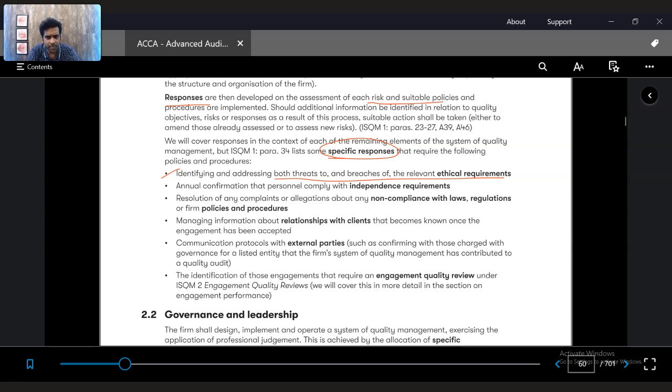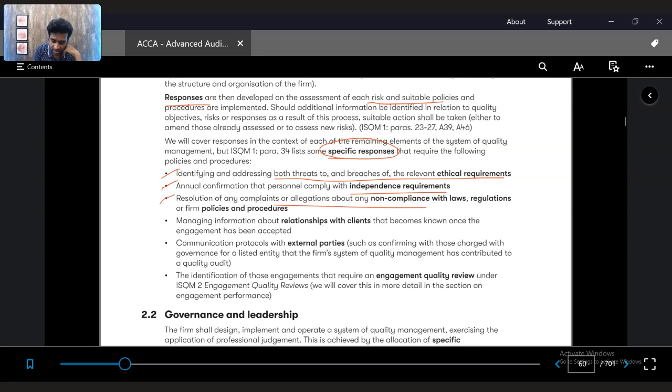If any employee of the firm is accepting bribes without the partner's knowledge or something like that, then definitely it has to be considered in a severe manner and the employee has to be penalized for the breach. You can also take confirmation that the firm is complying with the independence requirements, not just the firm but the team and the partners, and that at an employee level all are compliant with the independence requirements.